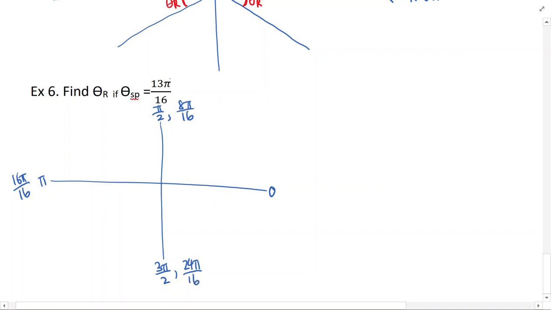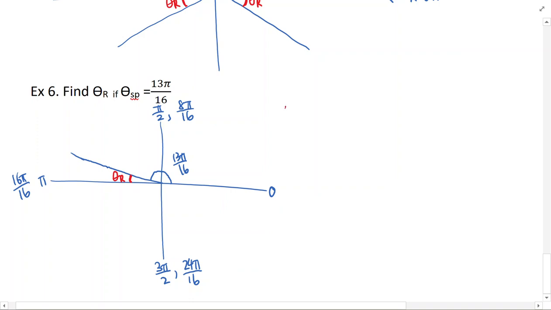Now, since we're looking at 13 pi over 16, that's going to be in the 2nd quadrant because it's between 8 pi over 16 and 16 pi over 16. So we'll say it's somewhere like here. And this part right here is 13 pi over 16. And here, this part is basically our reference angle. So what is our reference angle?